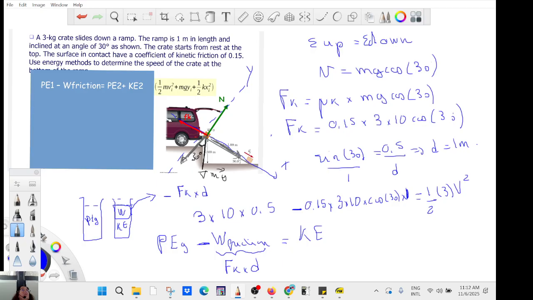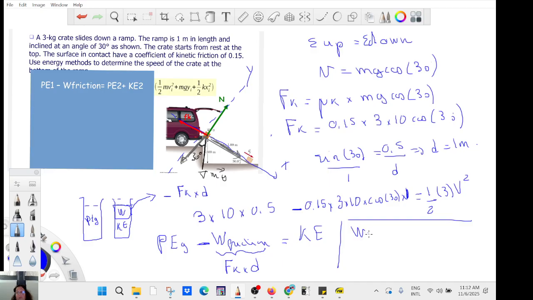You could have done it a different way. You could have used the work-kinetic energy theorem. You could have said, okay, gravity is doing positive work, the kinetic friction is doing negative work. Then the work done by gravity minus the work done by friction equals the change in kinetic energy, and you get the same thing.